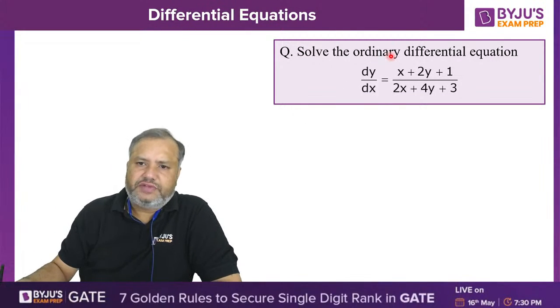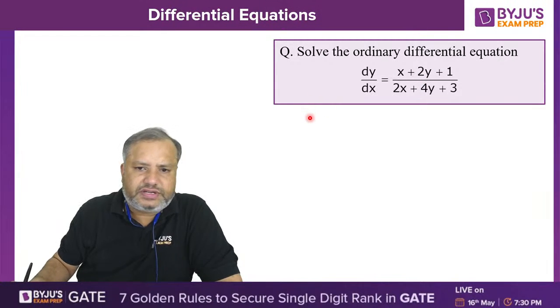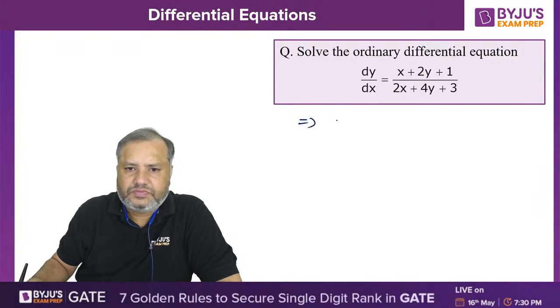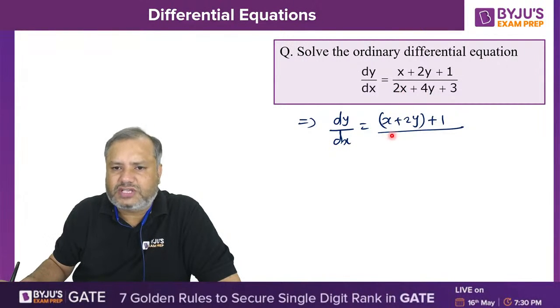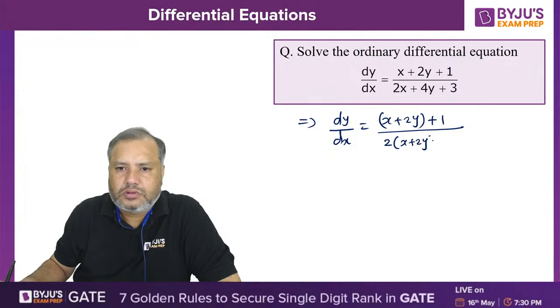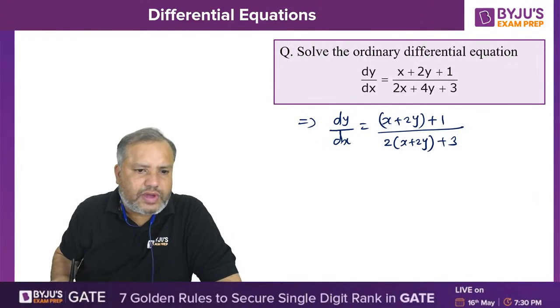Solve this ordinary differential equation. So students, here we are doing a little bit of adjustment. x plus 2y is grouped together. From the denominator, from this 2x plus 4y, I am taking 2 common. So x plus 2y plus 3. Now what you need to do, put this x plus 2y equal to v.